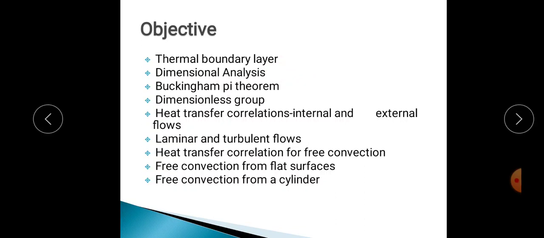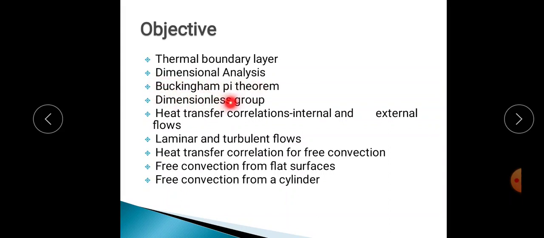Here we will see what dimensional analysis is, why we use it, what its applications are, and what the different methods of dimensional analysis are. The next one is the Buckingham pi theorem. It is again a method of dimensional analysis. We will see in detail what the Buckingham pi theorem is, what its advantages and disadvantages are, and also an example problem based on the Buckingham pi theorem to make our concepts clear.